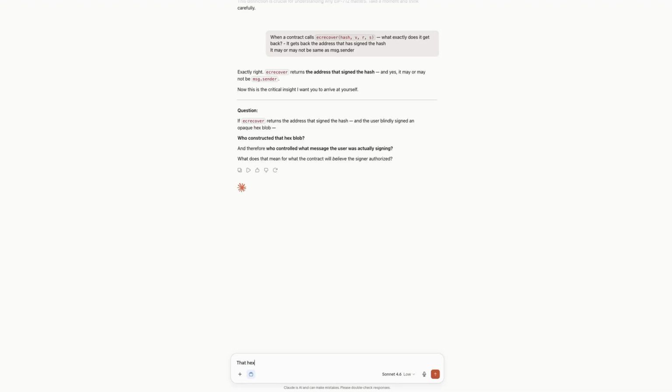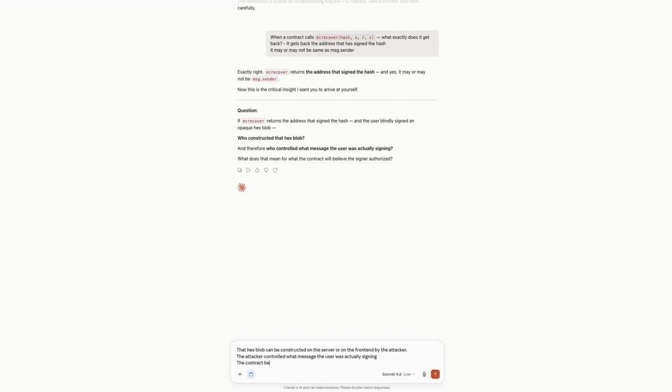That hex blob can be constructed on the server or on the front end by the attacker, and therefore the attacker controlled what message the user actually signed. What does that mean for what the contract believed the signer authorized?